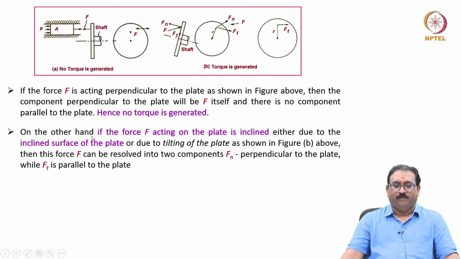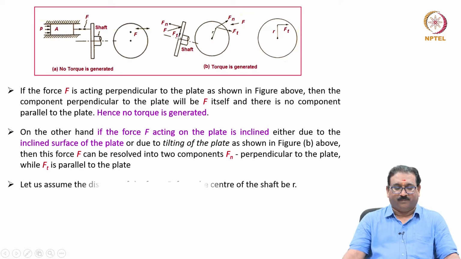On the other hand, if the force F acting on the plate is inclined, either due to the inclined surface of the plate or due to the tilting of the plate as shown in figure B above, then this force F can be resolved into two components: Fn perpendicular to the plate, while Ft is parallel to the plate.